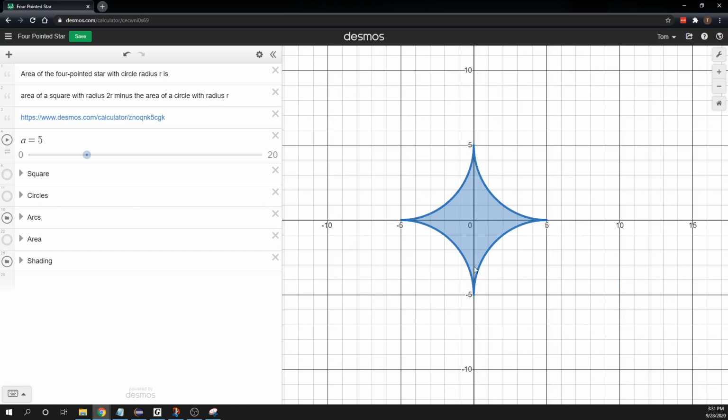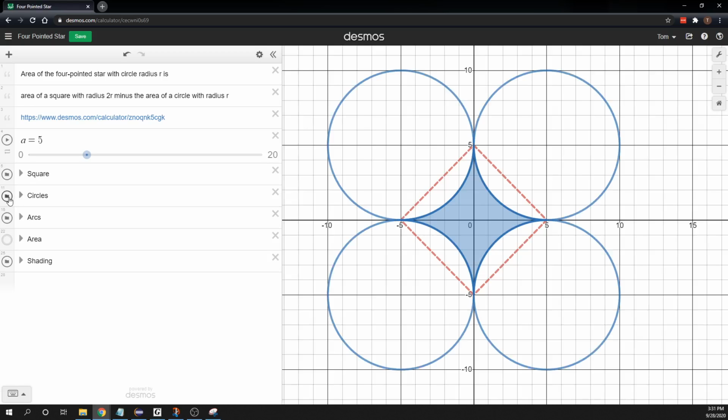Starting here, you can see that here's the four-pointed star that they're talking about. And the square that they're referring to is this square right here. So if you make this little square out of, say, the tips of the four-pointed star, that's what you would get. And then the circles are these circles right here.